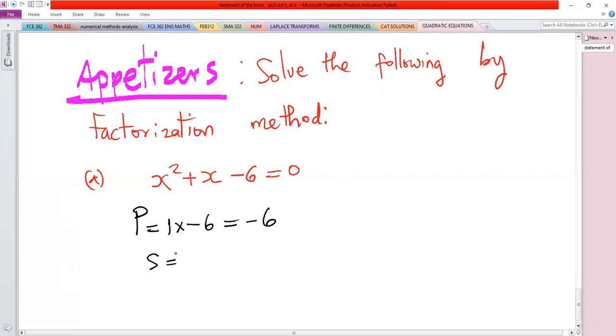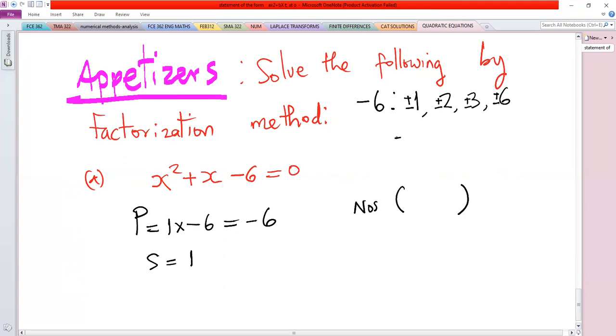Sum is the coefficient of x, which is 1, and then we need two numbers whose product is minus 6 and sum is 1. This is easily how you find it. So the product is minus 6, so you write all the factors of minus 6. We have 1 plus or minus 1, then 2 plus or minus 2, then 3 plus or minus 3, and then 6 itself plus or minus 6.